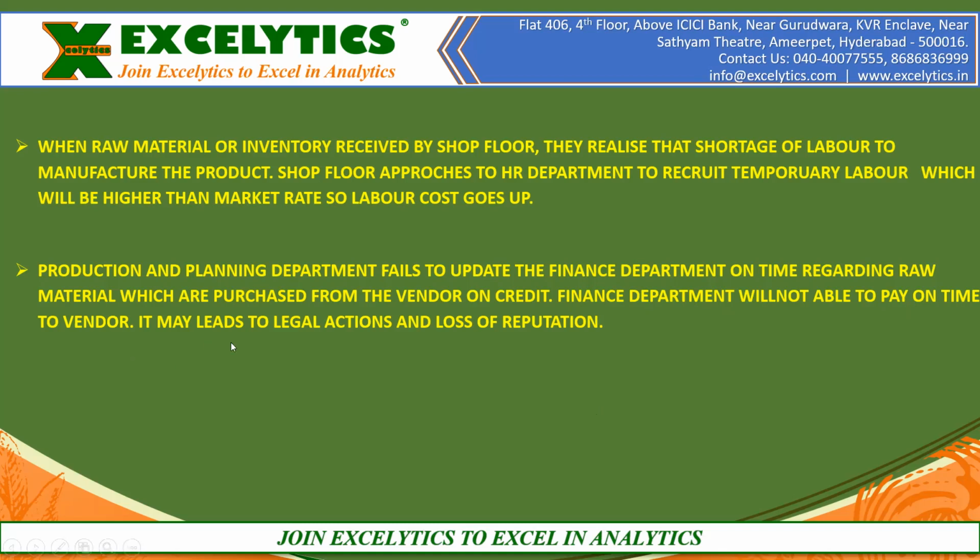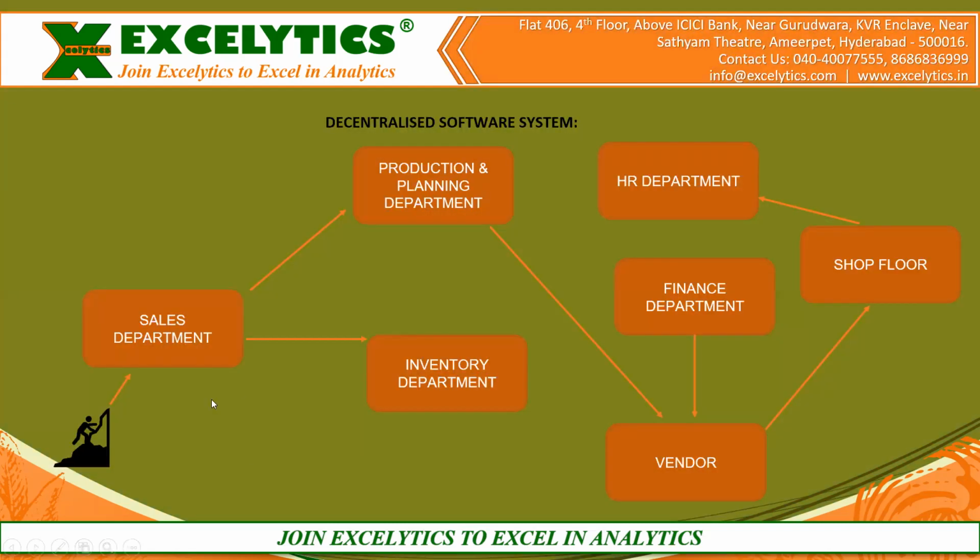It may lead to legal actions and loss of reputation in the market. The vendor spreads the word that if we give credit to this particular organization, we won't get on-time payments, or we may lose discounts, or we may have penalties, and it may lead to legal actions. So this is the issue with decentralized system software.